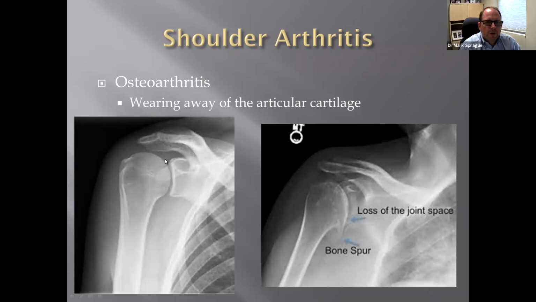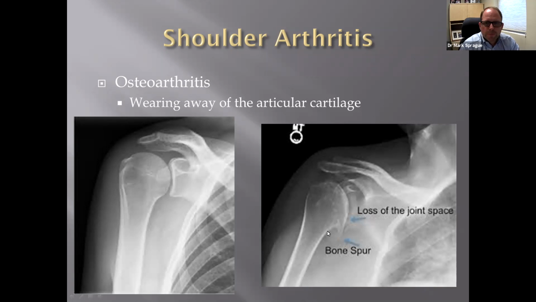And cartilage is mostly water. So an X-ray beam will go right through that, and that will not bounce back. So the joint space, if you will, or where the cartilage lives, shows up as this black space between the socket and the ball. When that cartilage wears away in osteoarthritis of the shoulder, you get what you see here on the right.